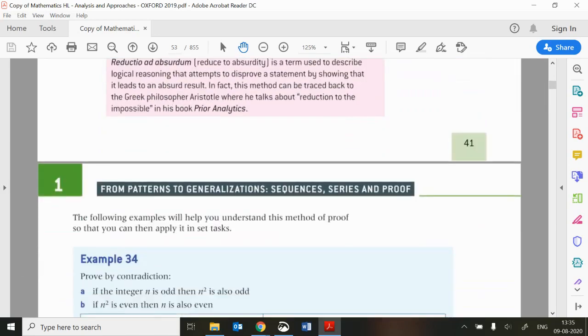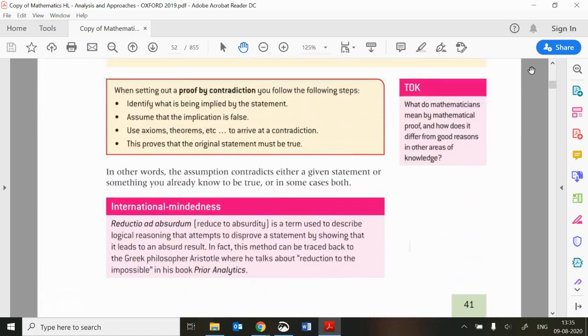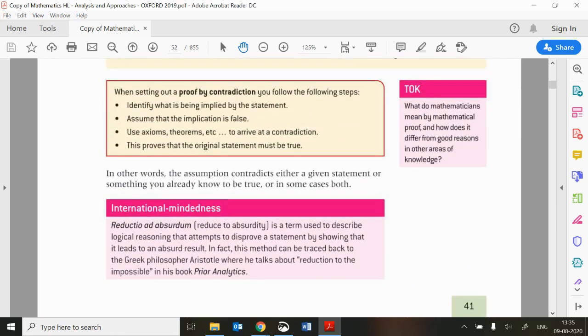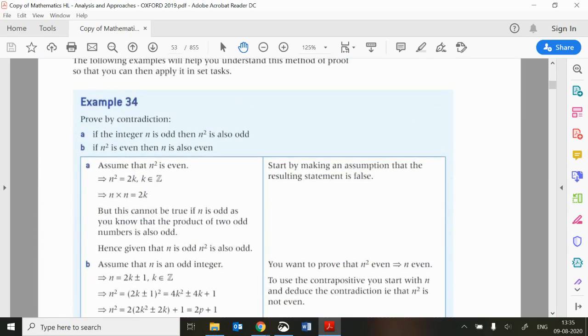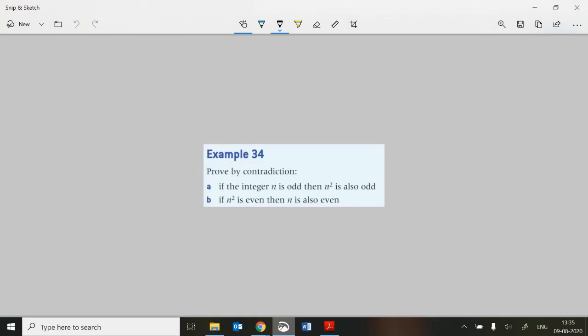I'm not going to go any further with that just at the moment. You don't need to say this is a reductio ad absurdum. You just need to understand that what we're doing here is a proof by contradiction, and that the contrapositive is the opposite of the original implication, with both things being negated. Right, example 34 then, let's crack on.